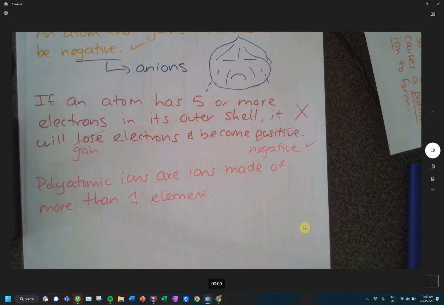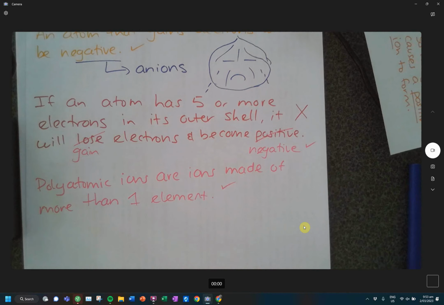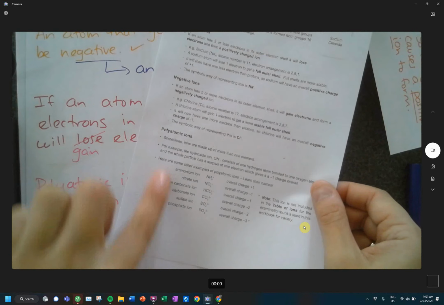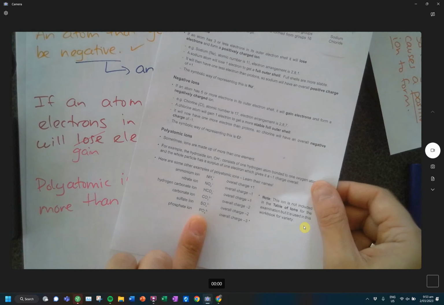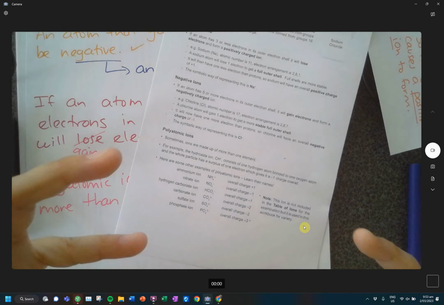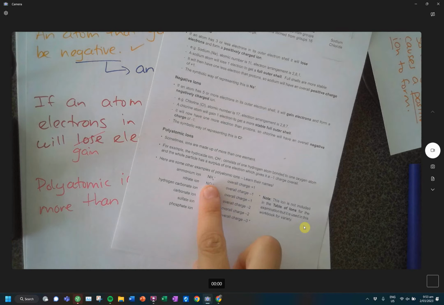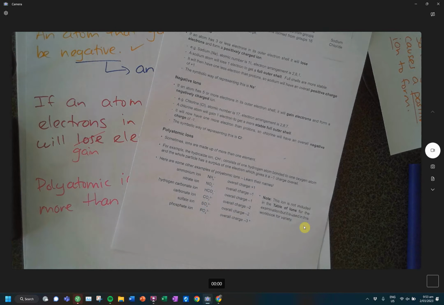What are we thinking? Polyatomic ions, they're made up of more than one ion. True. It is true. So, if we look at our sheet here, there's information on polyatomics, and they give us a list of potential polyatomic ions, and they talk about what their formula would be, and also what the charge of that polyatomic ion is.